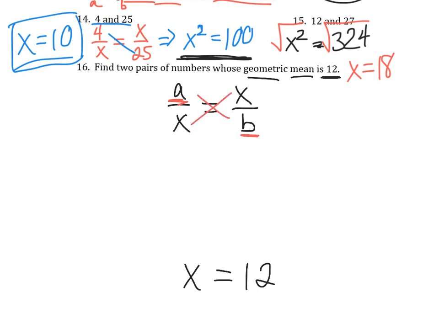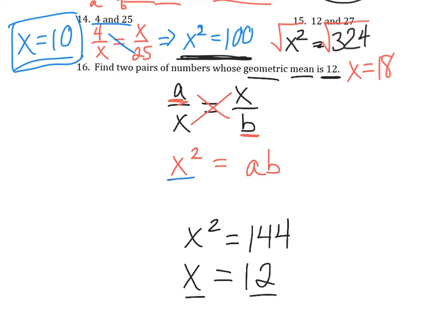I would cross multiply and end up with x squared equals ab. If x equals 12, then I know that x squared equals 144. So I can replace this x squared with 144.